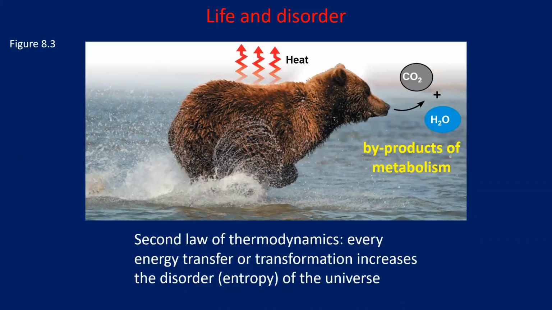So overall, the entropy is increasing because many compounds inside the bear are breaking down, and this breaking down will bring disorder, and overall this will contribute to disorderedness in the universe.